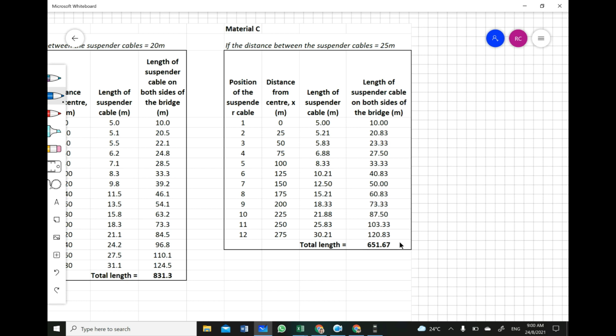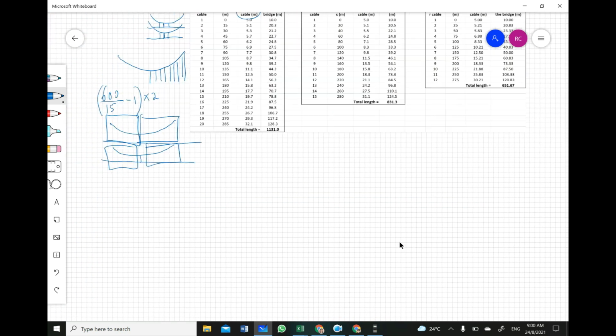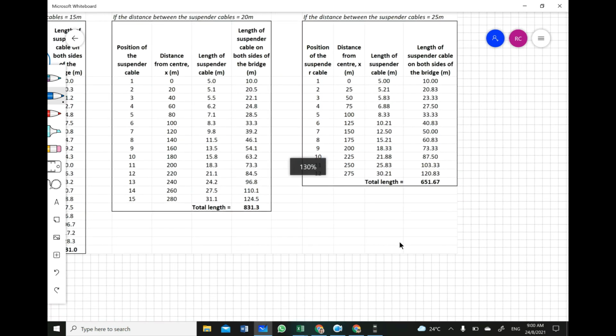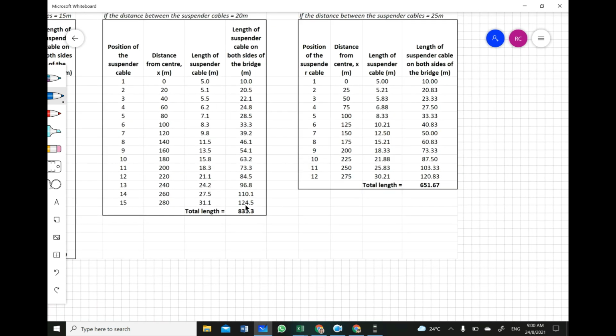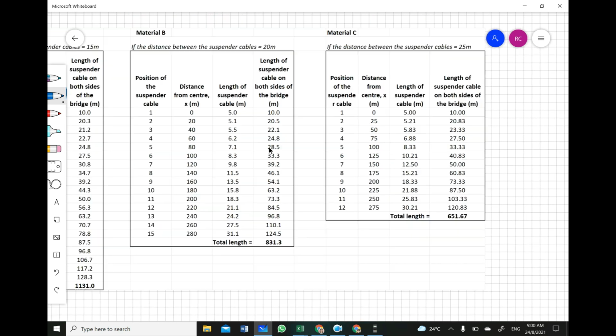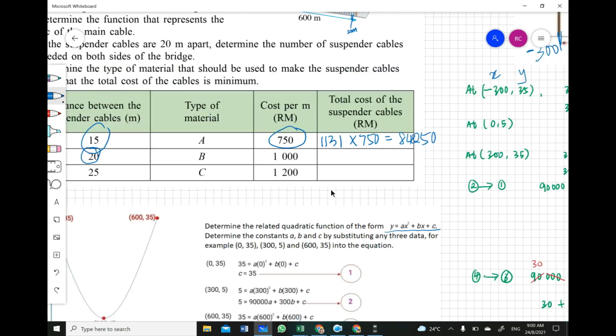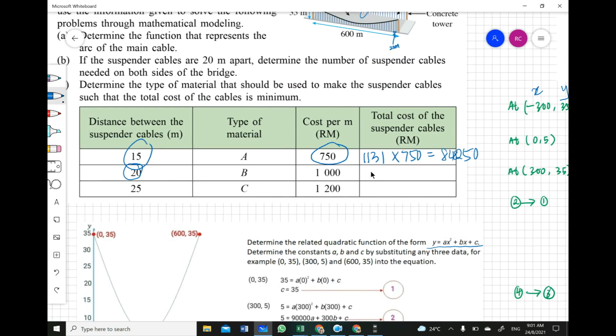Okay, so let me see whether I have that or not. Don't have. So what we do is you are going to use 831.3 multiply with the cost. This one. So this will be 831.3 multiplied by 1000 to get the cost of the suspender cable. So you are going to get 831,300.